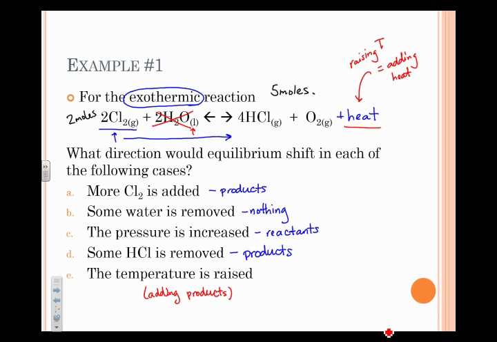We know from our general rules that if we add something to a system in equilibrium, it will shift to the opposite side. So I'm adding heat. Heat is in the products, and the reaction equilibrium will shift towards the reactant side. You can think about that as it's consuming the excess that I've added and trying to make more of the other side of the reaction to get us back to that ratio of equilibrium.